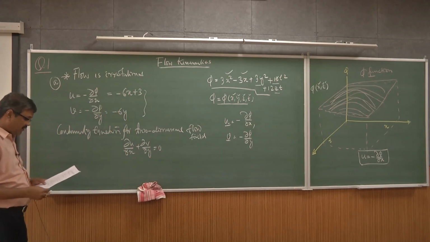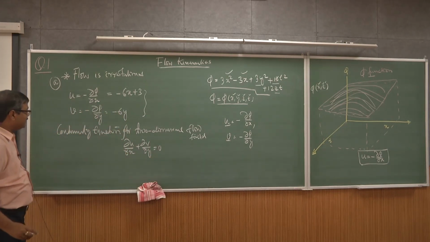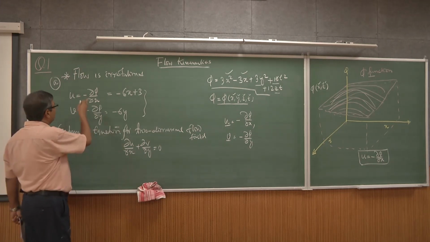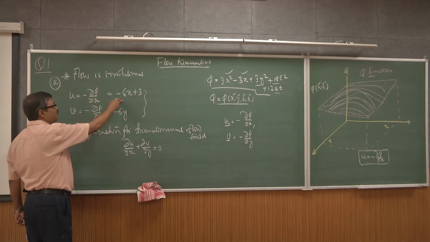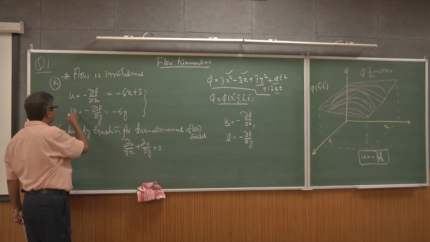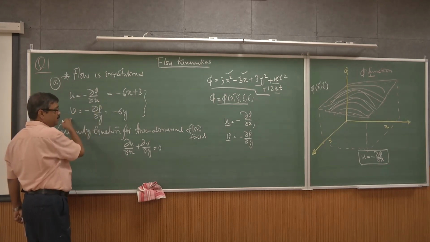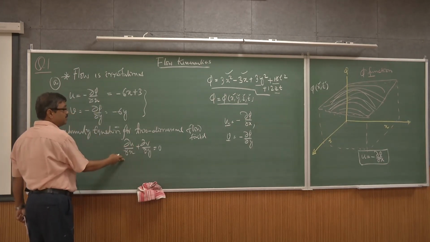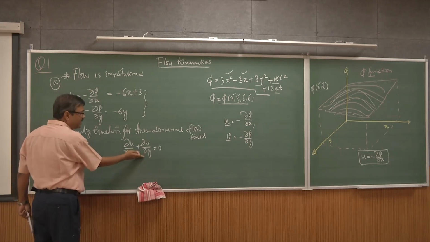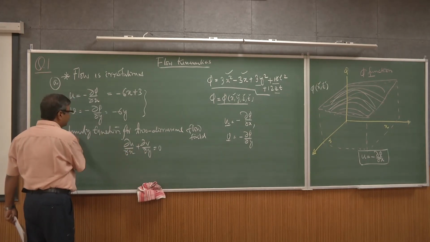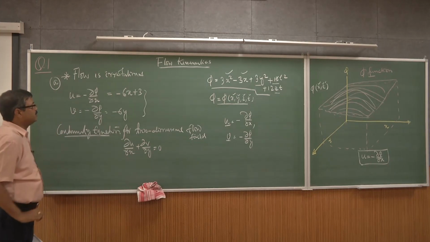It is quite interesting to look at: we can take the partial derivative with respect to x and also with respect to y, and substitute. If it is satisfied, then we can say it satisfies the continuity equation.